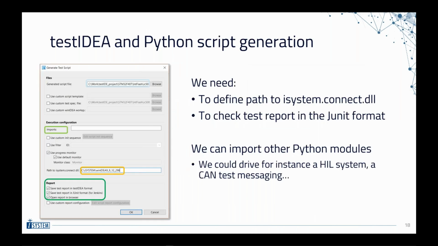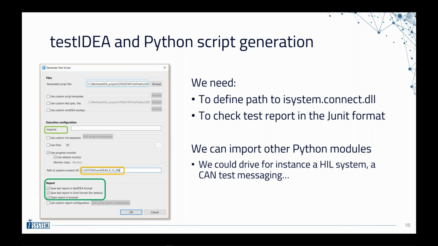After knowing some details about testIDEA features and continuous integration with Jenkins, we can proceed with the generation of the Python test script by using testIDEA. First, we need to prepare several unit and system tests with testIDEA. Later, we can generate the Python test script.